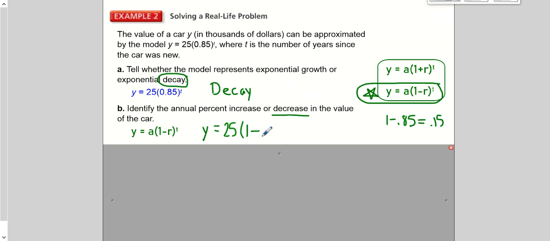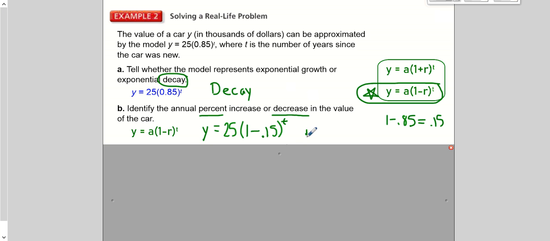Therefore, 1 minus 0.15 will equal 0.85. So if you do 1 minus this number, you will find what you need in your parentheses. Okay, we wrote it in this form. We need to know the percent increase or decrease.